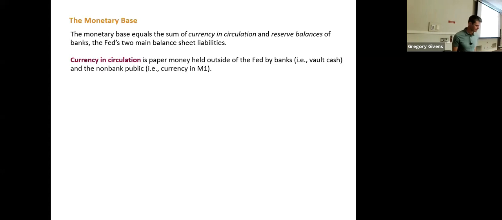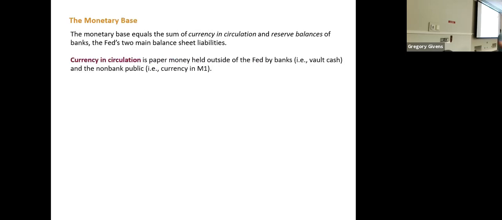Now, I say this because there's a slight difference in these definitions of the money supply. I want to be clear about this. So currency in circulation, which is part of the monetary base, is slightly different than this concept called the currency component of M1.